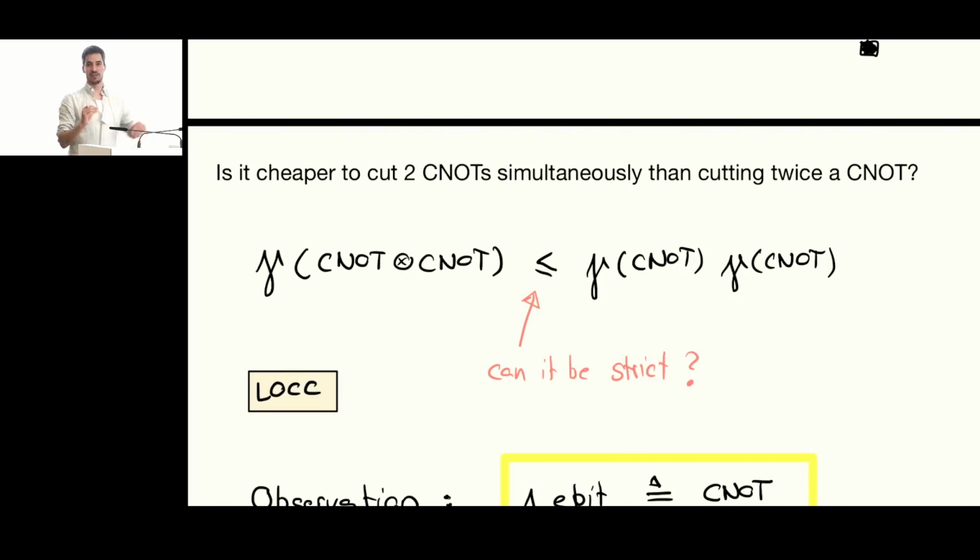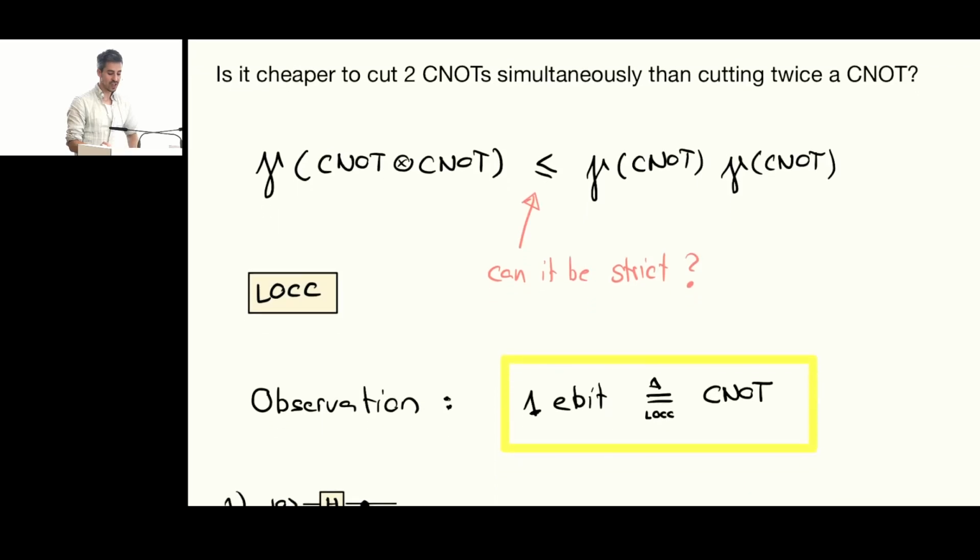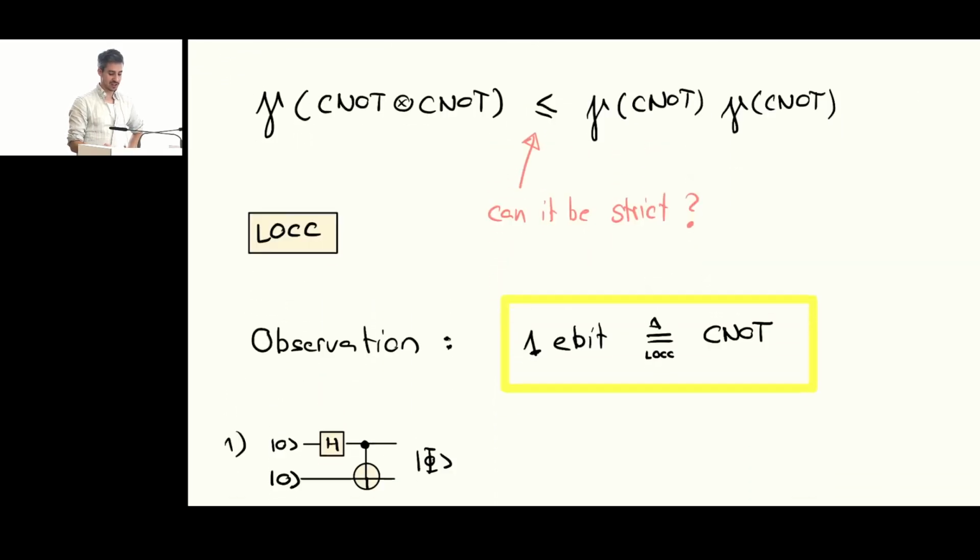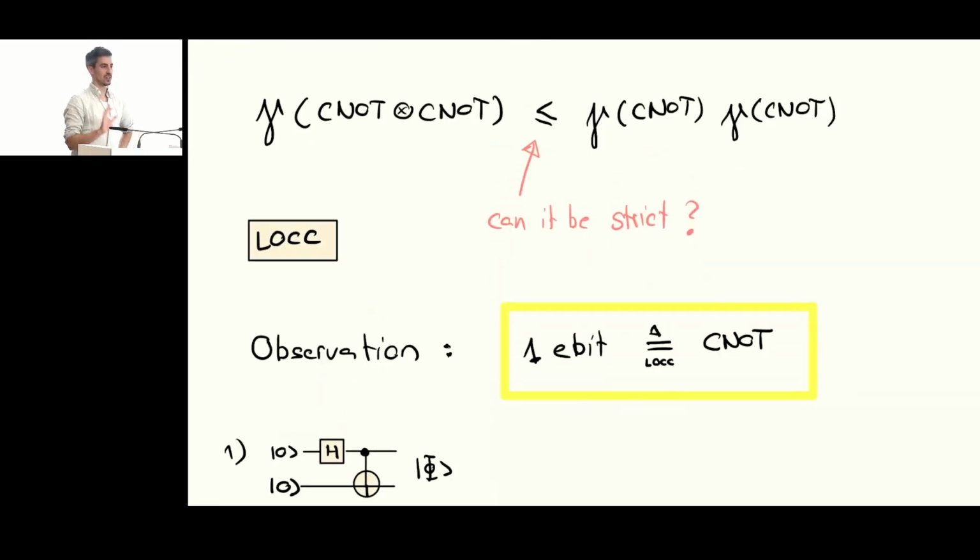This is the trivial direction because we can just use the decomposition for one CNOT and apply it in a tensor product. But maybe there's a strategy that does better for two CNOTs. And so let's analyze this. Spoiler: this actually turns out to be strict, so it's not multiplicative under tensor products.